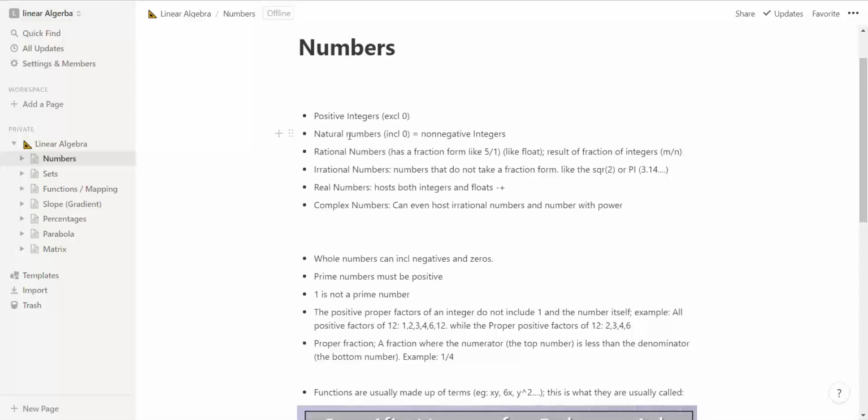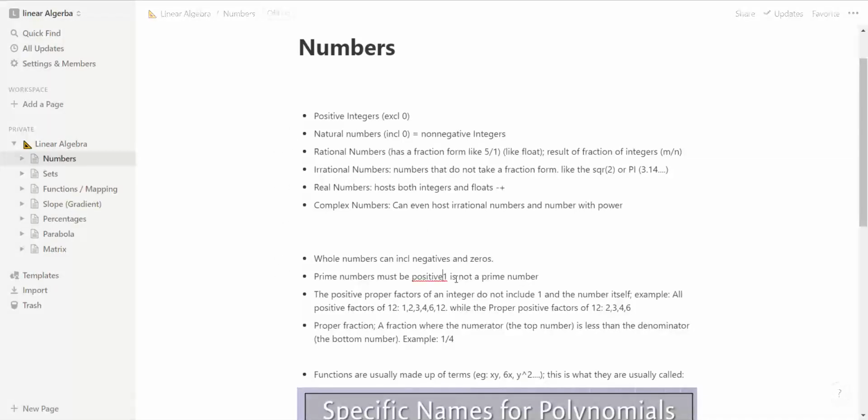Irrational numbers cannot take a fractional form. Whole numbers can include negatives and zeros. Prime numbers must be positive. 1 is not a prime number.